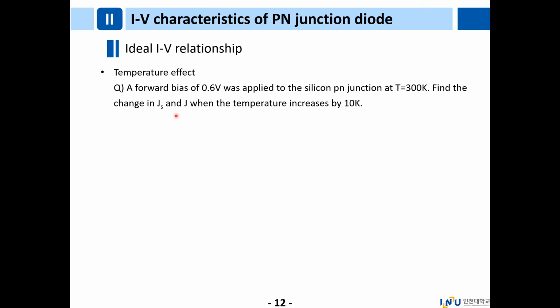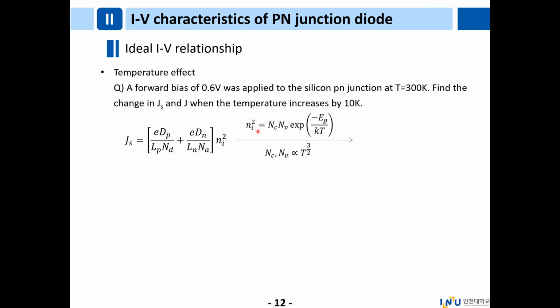We know that the reverse saturation current density Js looks like this, and ni squared and Nc and Nv are proportional to temperature, right? So we know that this Js is proportional to T cubed exponential minus Eg over kT.